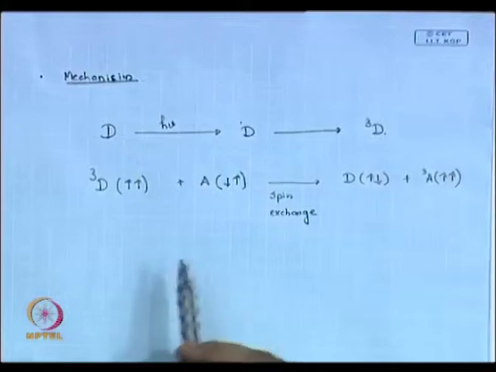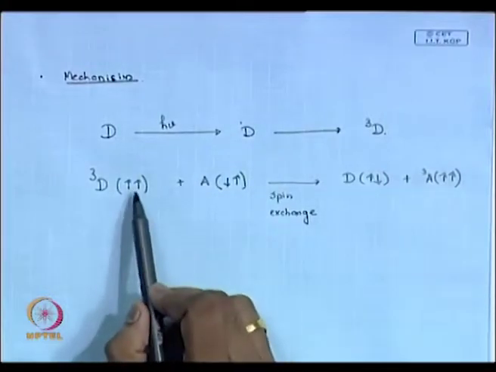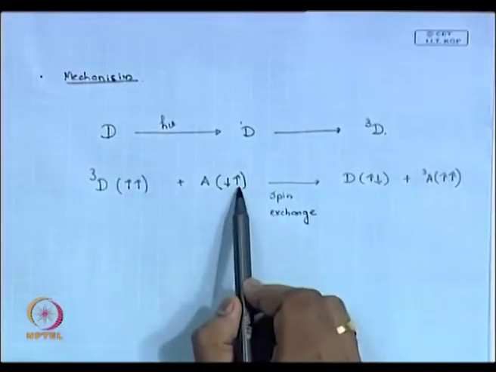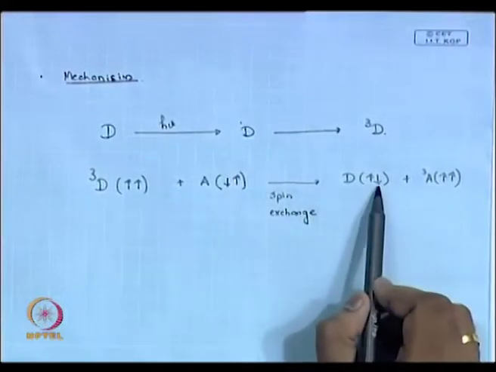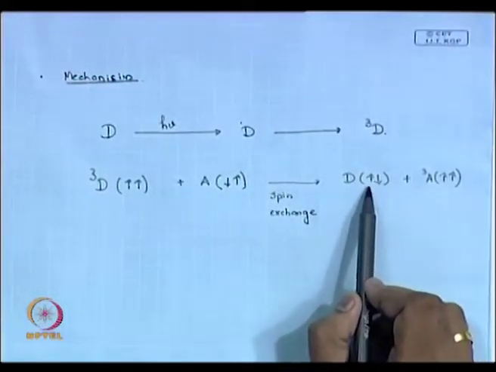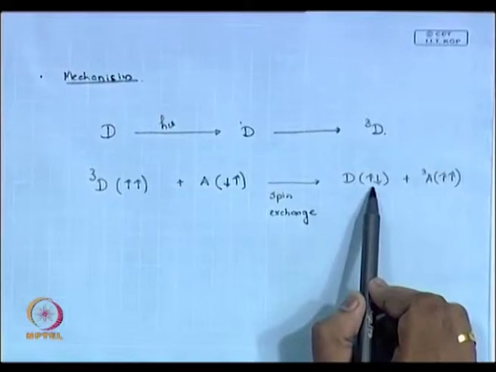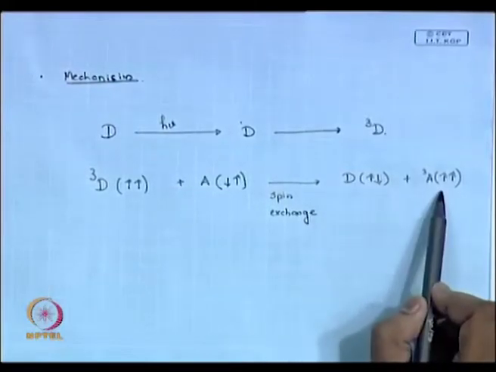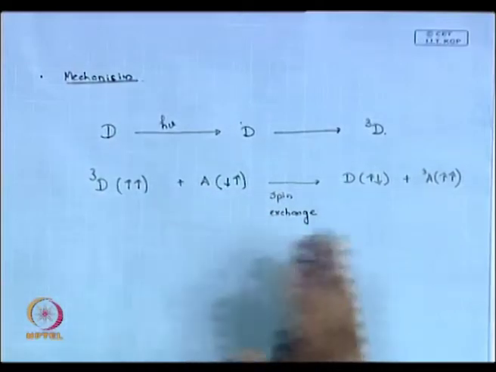So, you get a proper spin exchange. You can see that donor was initially triplet and acceptor was ground state singlet. Now, there was an exchange in spin where your donor becomes a singlet, which is in ground state, and your acceptor becomes a triplet. So, this is a type of spin exchange process, or it happens because of your electronic exchange. That is how this mechanism works, energy transfer reaction.